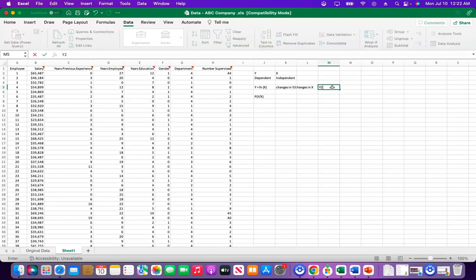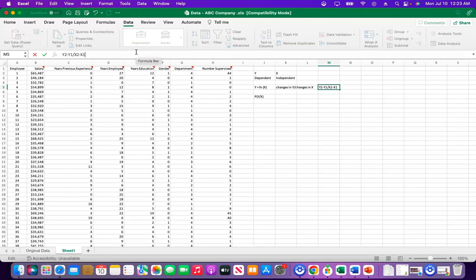So we can say y2 minus y1, meaning that y will change from y1 to y2 as a result of changes in x. So we have x2 minus x1, meaning that we will look at the change from x1 to x2, and this is per unit, or we say per unit change.